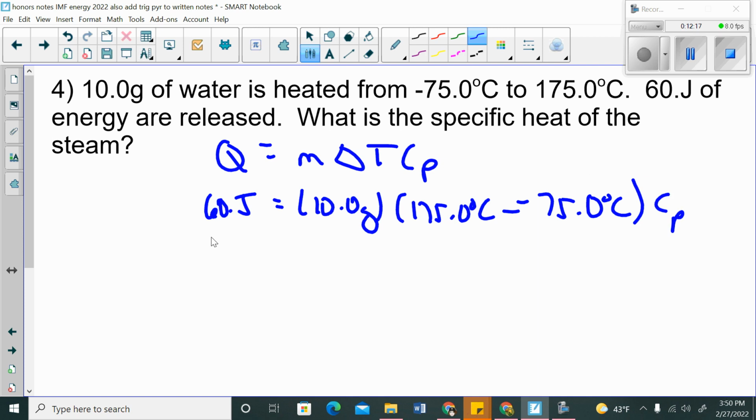Okay, so we'll leave this alone. All right, let's put this in now. 175 minus negative 75.0.